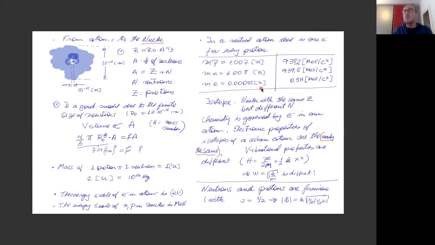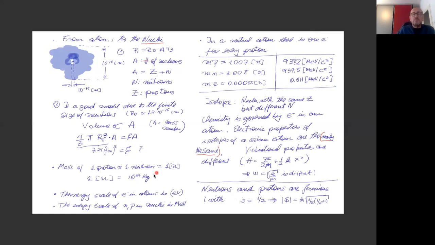In terms of MeV, it looks like 0.55. In terms of MeV divided by c squared, these are the units. So here it is more evident that the neutron is about 1 MeV heavier than the proton, and then the electron, which is almost negligible.